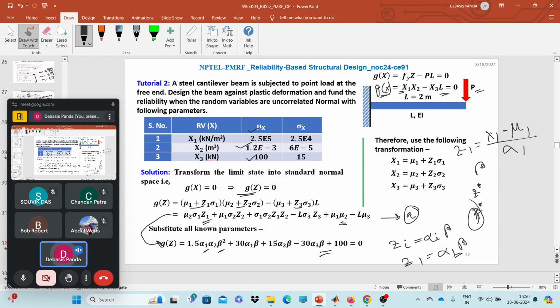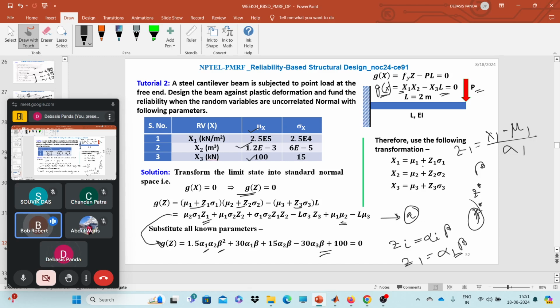Where is the 1.5 coming from? The 1.5 comes from the function g(Z) after the substitution.